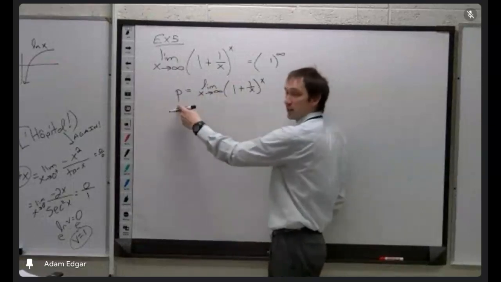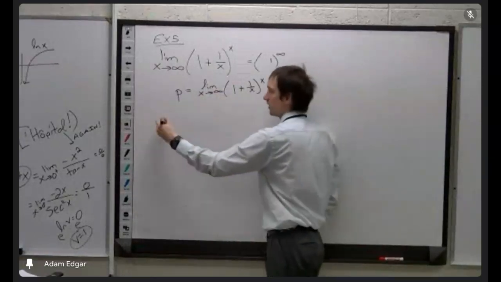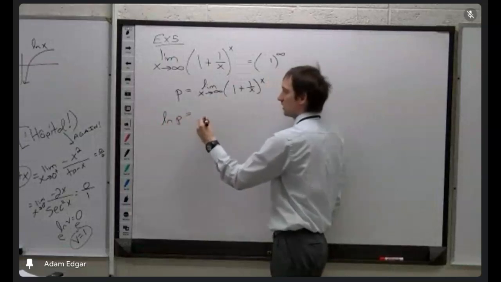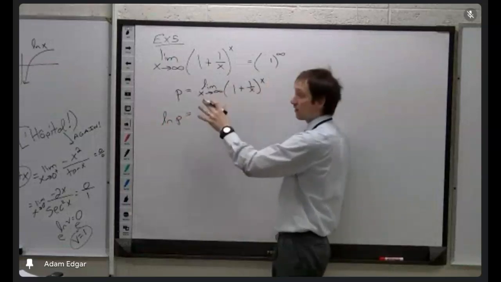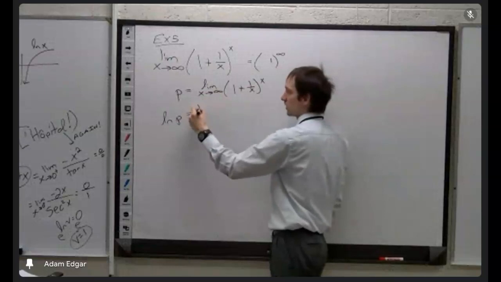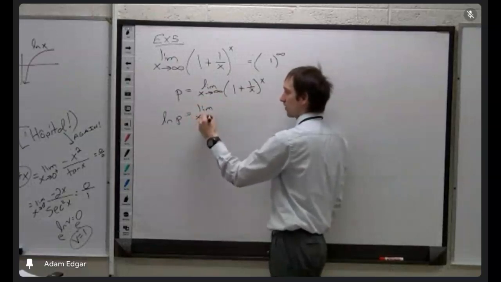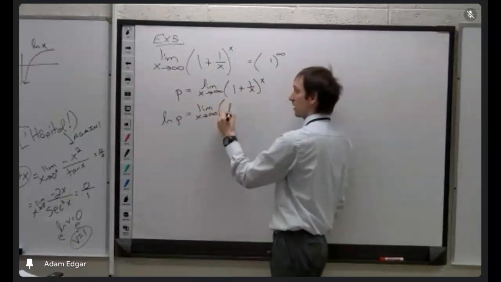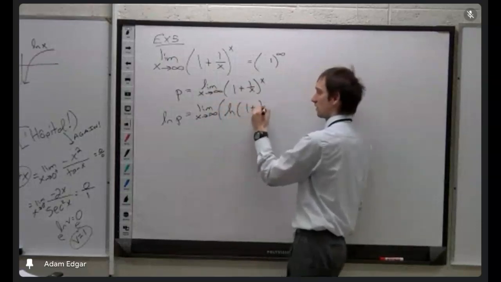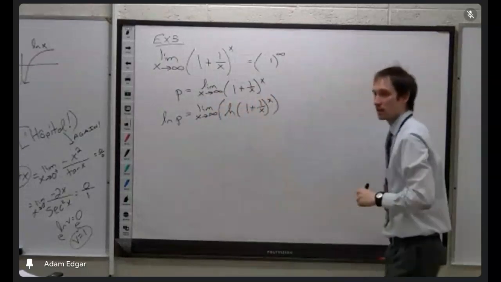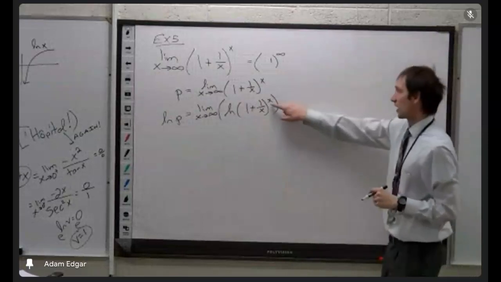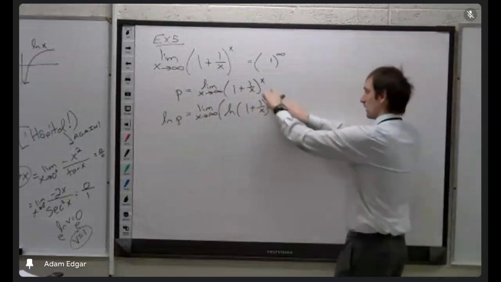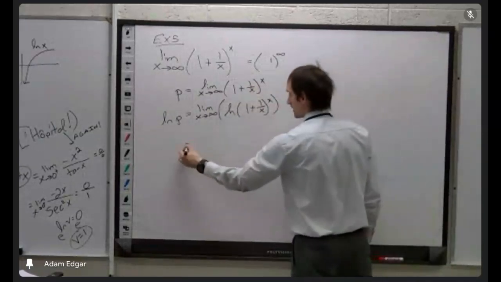Then what do you do? ln, the natural log of p, equals, and then let's save ourselves a half a step and just put the natural log directly inside the limit right away. Is that okay? Anybody object to that? Okay, thanks. What was the purpose of the ln again? To allow us to do this very next step, where we get the exponent out. So we want to turn this into not an exponential thing.